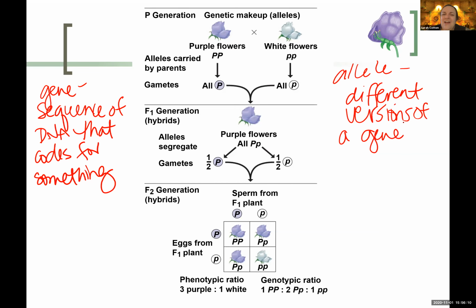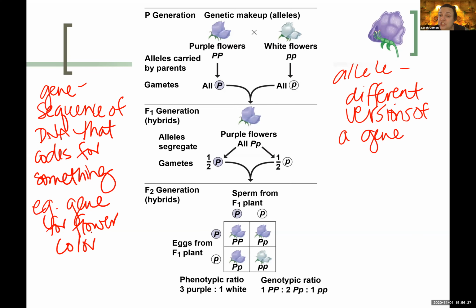Okay. All right. So in the previous example, we have our purple flowered plant and we have our white flowered plant. So the gene that we're talking about here is flower color. There is a gene that is responsible for flower color.